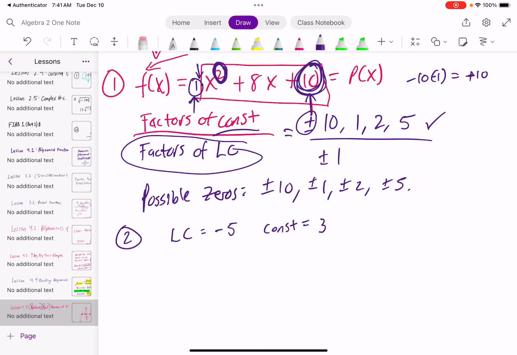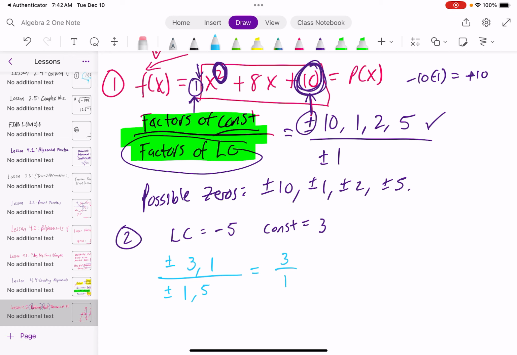Well, you would use the same formula to figure it out. So you could say, okay, factors of the constant. We're talking about factors of 3. So you have plus or minus 3, 1, that's it. What about the -5? Well, that's plus or minus 1, 5, that's it. So this could be anything like the following. 3 could be over 1, right?